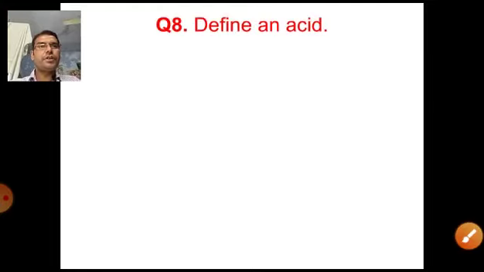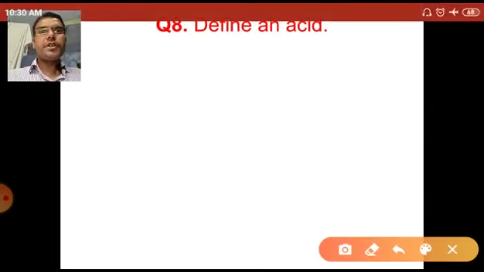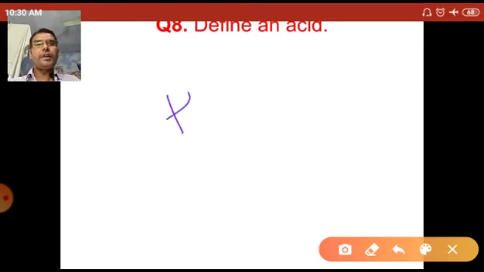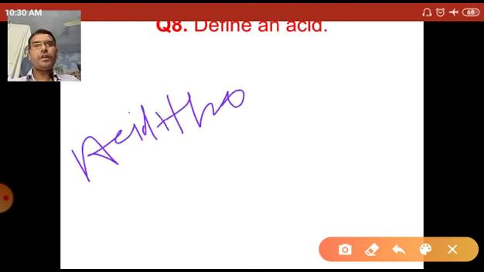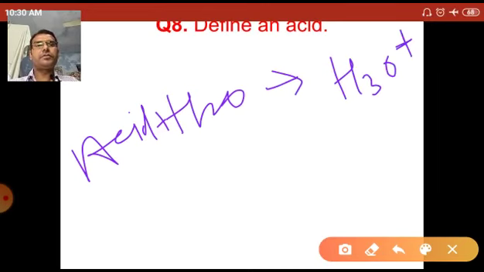Now the next question, define an acid. What is an acid? An acid is a chemical substance which, when dissolved in water, furnishes H3O plus ions, hydronium ions, in the water.